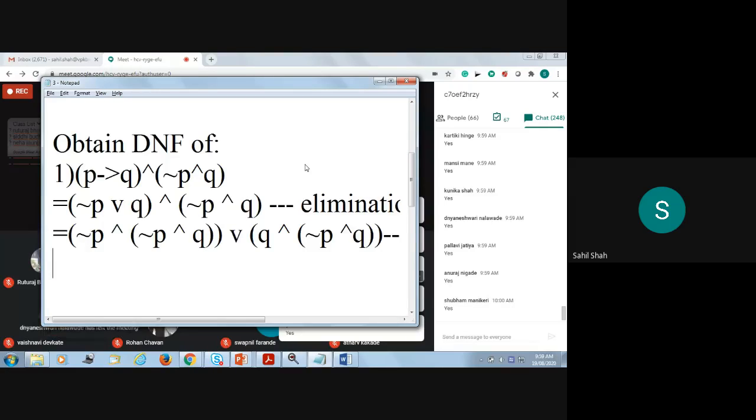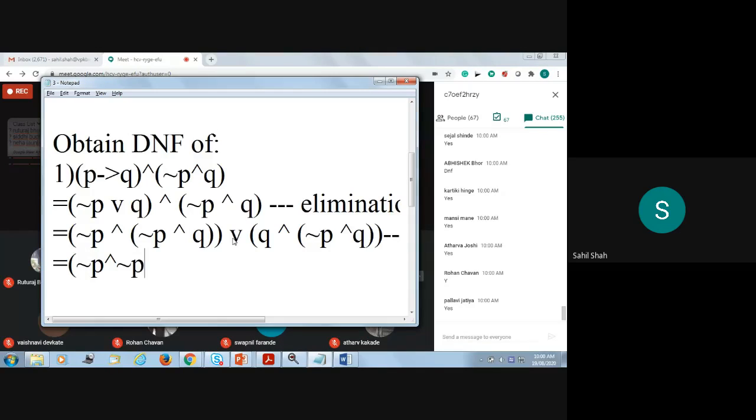Equal to, further. Now, whether this is in DNF, yes, it is in DNF. So we can directly conclude that this is in DNF. Perfectly fine. Or if you are interested in solving it further, you may solve like this. Negation P, conjunction, negation P, conjunction Q. If the operator is the same, it will not be required to put braces.